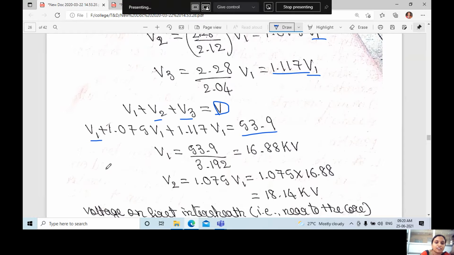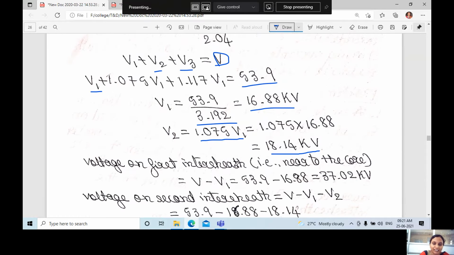After adding, 53.9 divided by 3.192, since 1 plus 1.075 plus 1.17 is 3.192, you get V1 equal to 16.88 kV. V2 is equal to 1.075 into V1, so we multiply the known value of V1, and you get V2 as 18.14 kV.